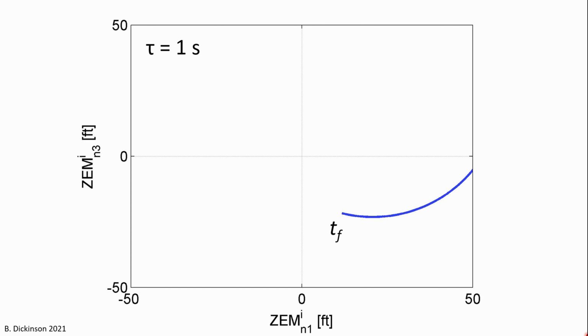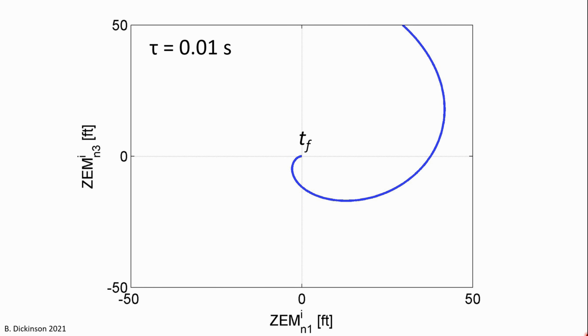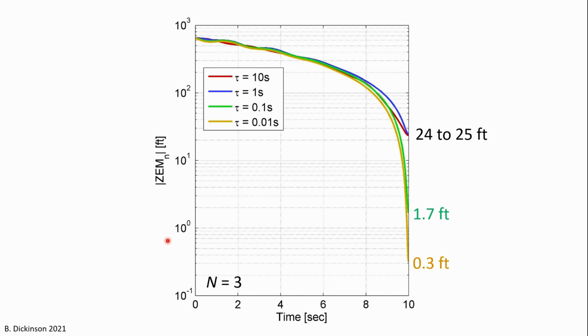Reducing the autopilot time constant brings the spiral closer to the origin, indicating the reduction in miss distance. And now with one order of magnitude less time constant, it appears to touch the origin. We can summarize the miss distance result with this plot of zero effort miss magnitude versus time.